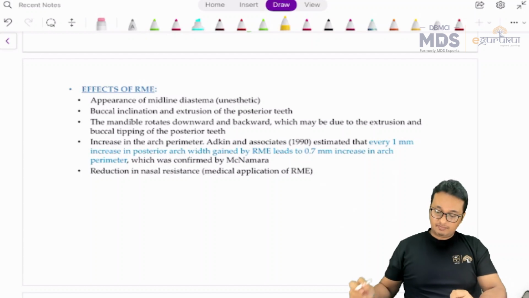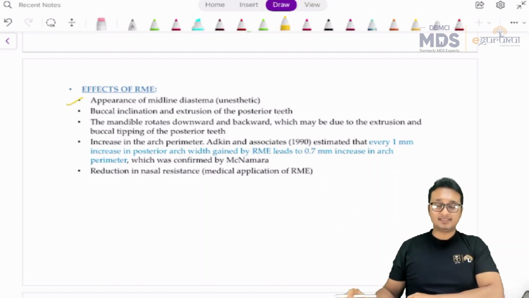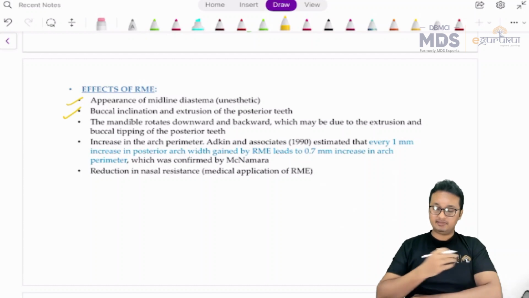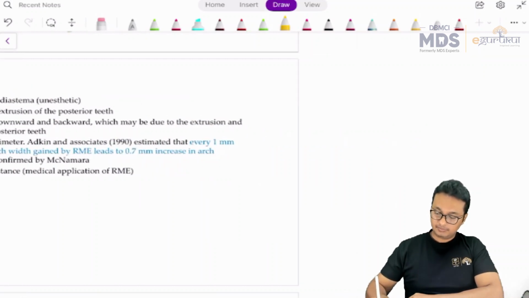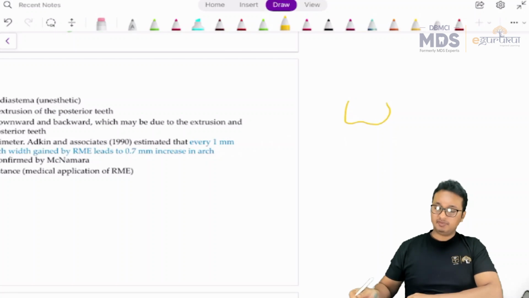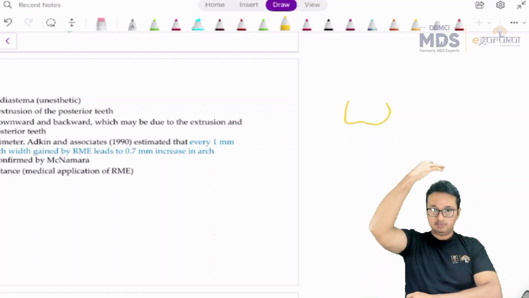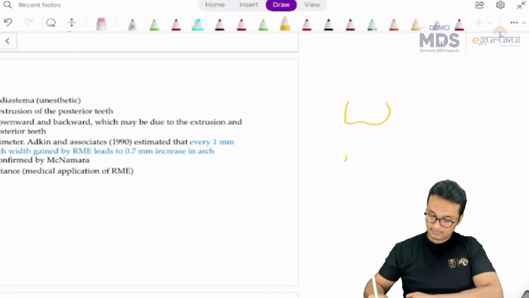What are the effects of RME? There is an appearance of midline diastema which can be unaesthetic for some patients. There could be buccal inclination and extrusion of posterior teeth. The mandible rotates downwards and backwards, which may be due to extrusion and buccal tipping of the posterior teeth. So there is a wedging effect. I'll explain once we look at the maxilla in the coronal direction.